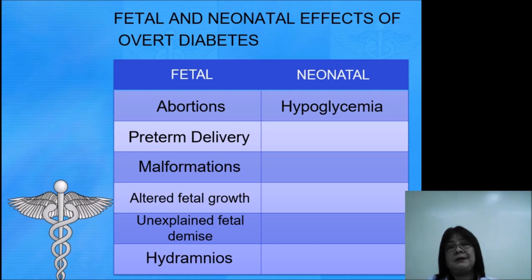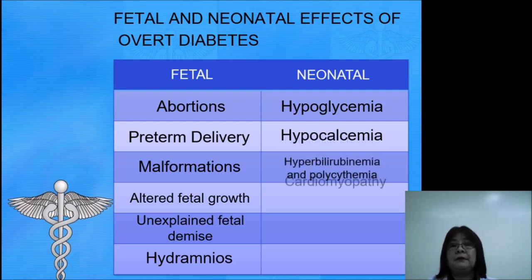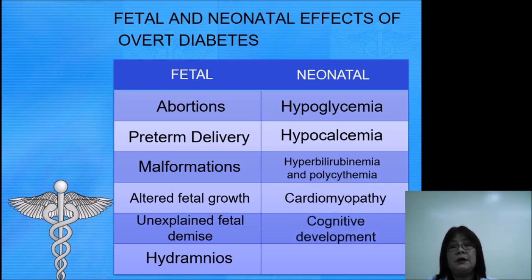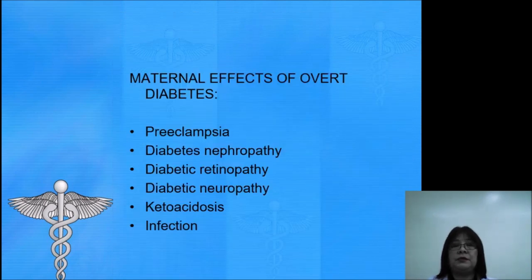When the baby is delivered, these are the complications. The baby will be hypoglycemic. That is the reason why they advocate early feeding if the mother has diabetes. Hypocalcemia, hyperbilirubinemia, cardiomyopathy, cognitive development problems, and the baby may inherit diabetes mellitus. How about the mother?